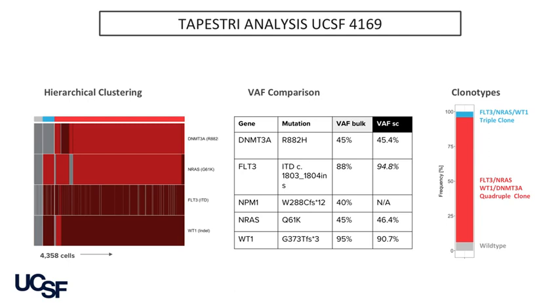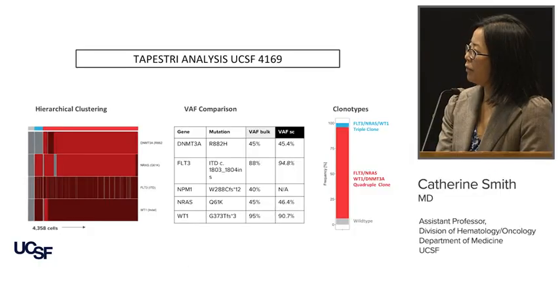And this is broken down here where we show the clonotypes. So the vast majority of the resistance in this patient is actually due to a cellular population that appears to be driven by oncogenic RAS, but is quadruple mutant for FLT3, WT1, and DNMT3A.